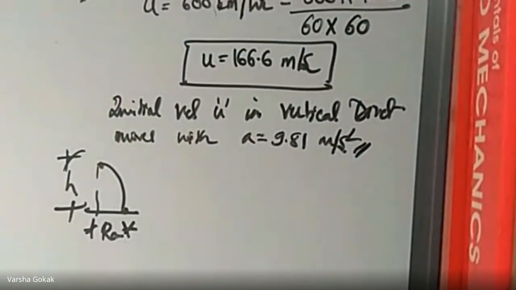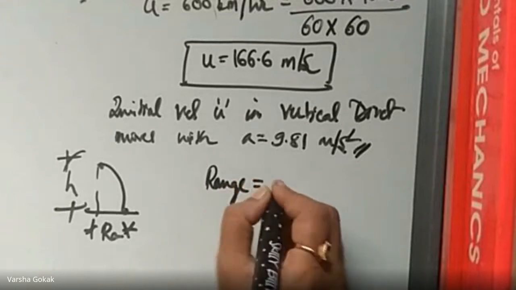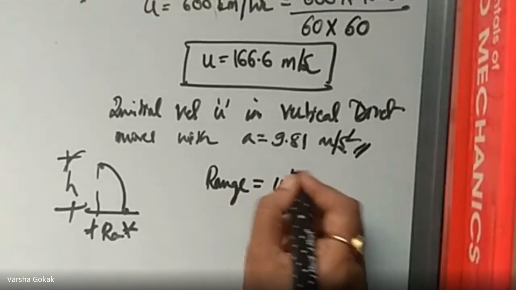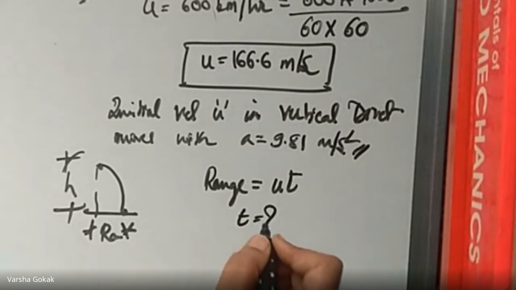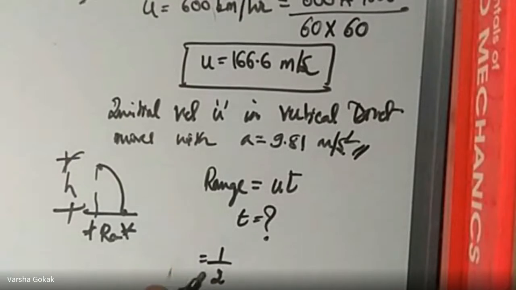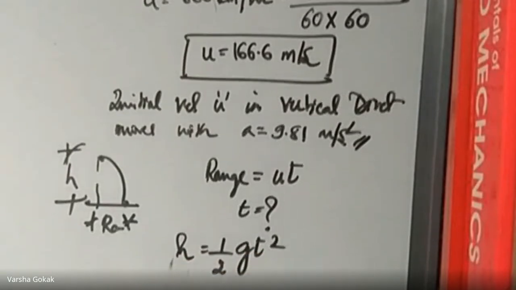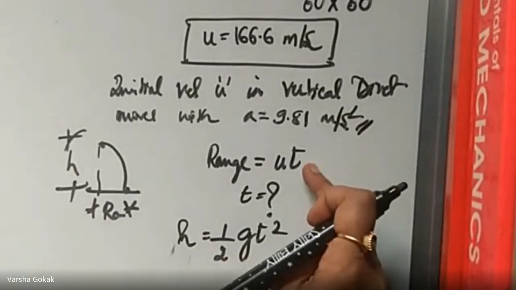Now I have to substitute both of these to get the range. The range formula is range equal to U into T. I have U, but I don't have time. To find time, I will use H equal to half G T square, because I know H and G, I'll get T. Put this T here to get the range.